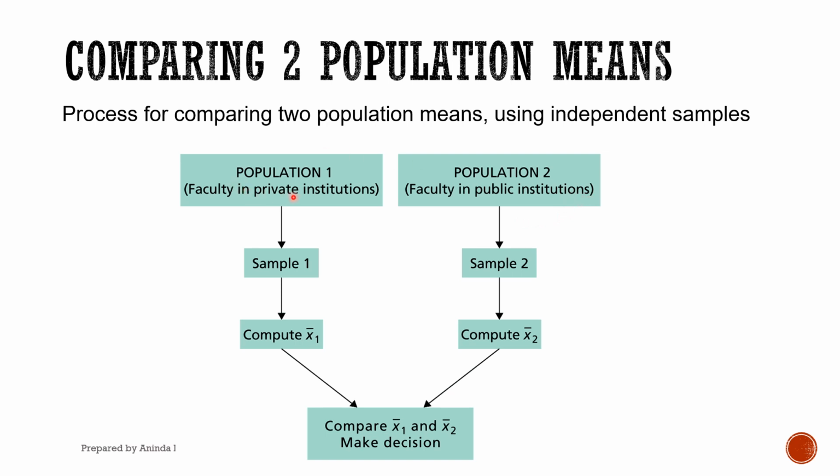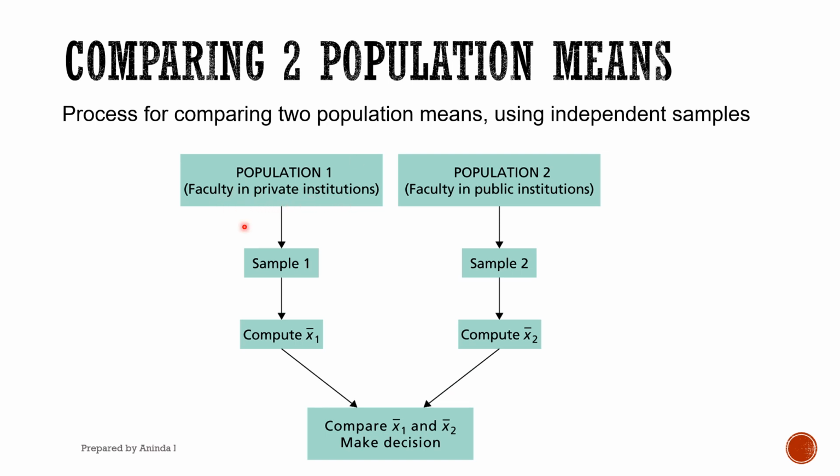So private schools versus public schools. We want to see who gets paid more or less, or if there is no difference in the salaries between the two types of institutions. So there we have population 1, which is defined to be the faculty in private institutions.